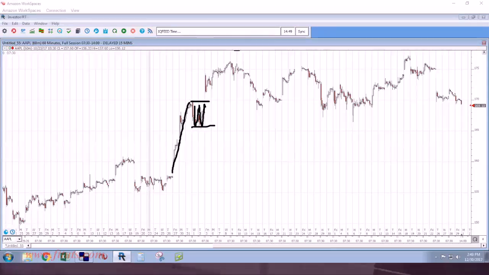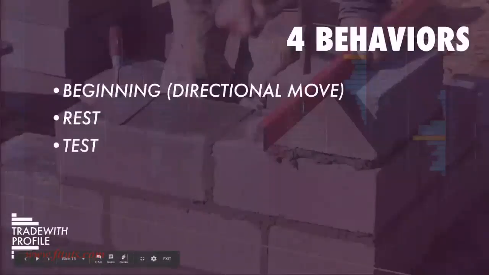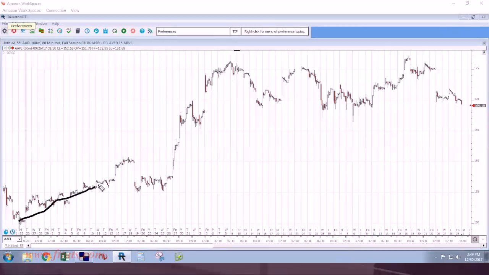All right? After the rest is another move or another behavior, and that is a test. So a test is a form of the auction checking itself to go, all right, we've been going in a direction. So here's a directional move, and we trade sideways like this, and now we move this way again.